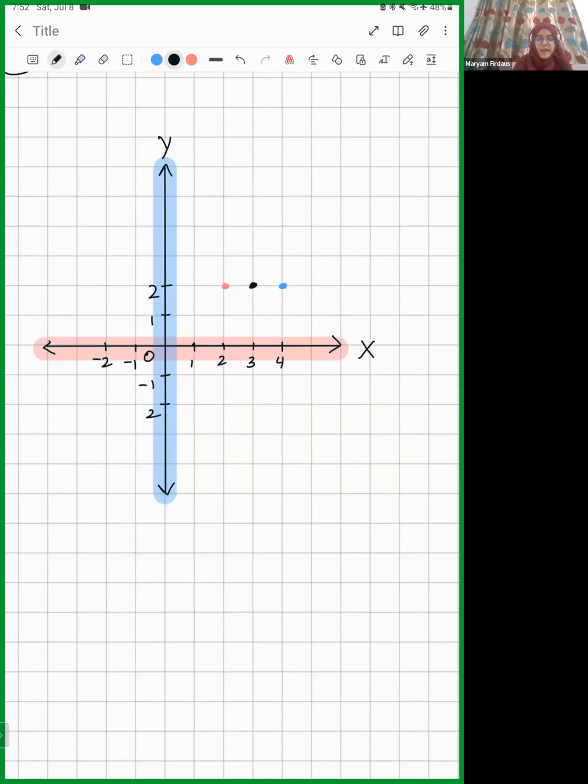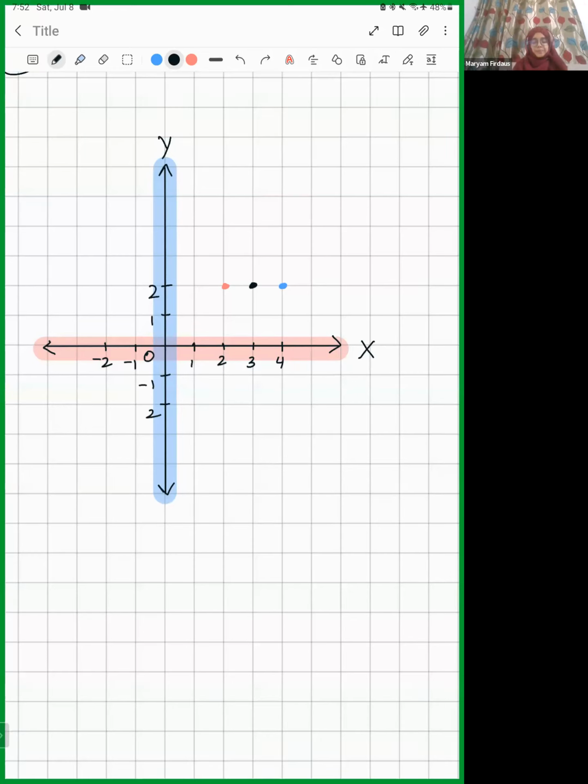I will say that my object is at the position. First, I will tell you the directions. I will say first stand at the origin. Okay, imagine yourself that you are standing at the origin.